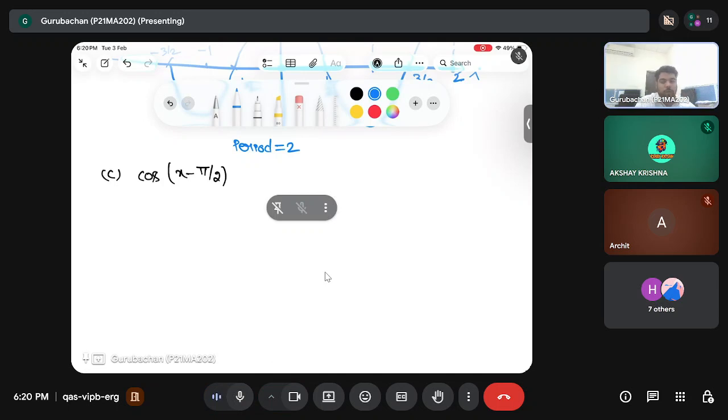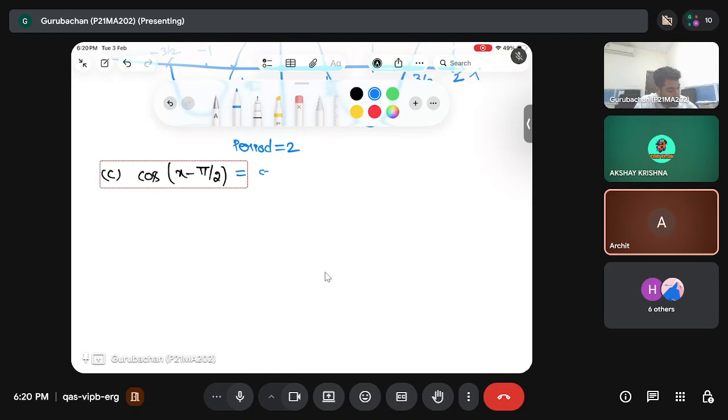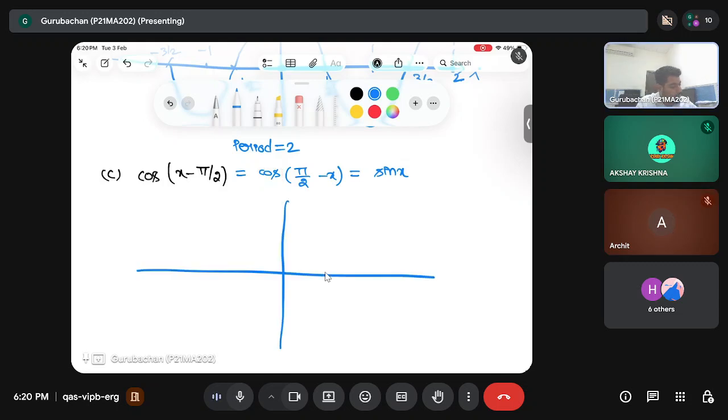So how will you draw the graph? What is cos of x minus pi by 2? We can write it as cos of pi by 2 minus x, as I said, it's an even function. And now this is nothing but sin x. So this is nothing but the graph of sin x.